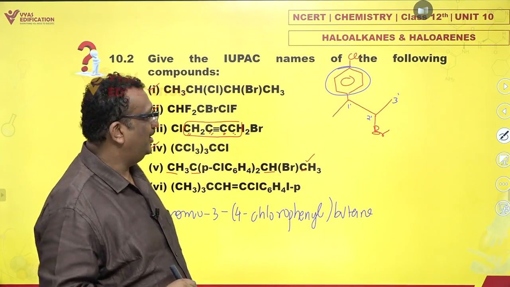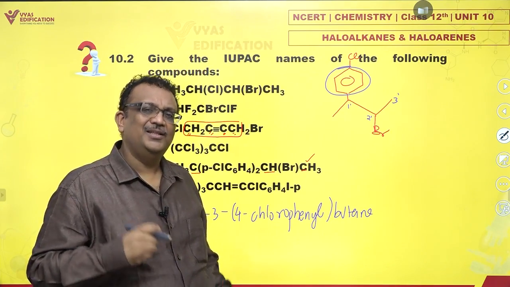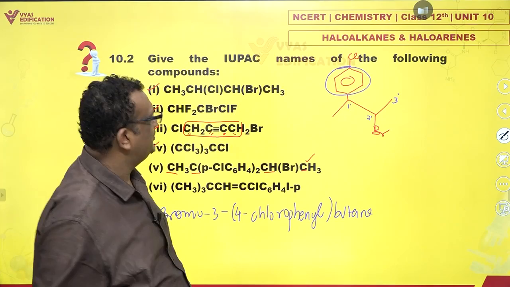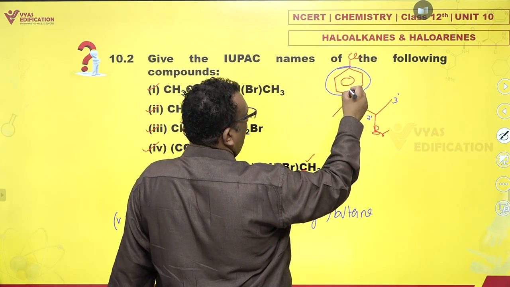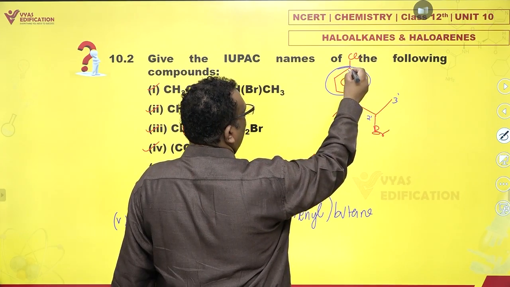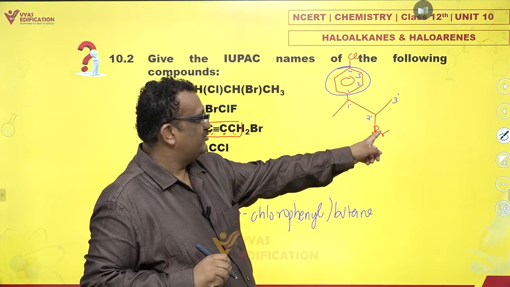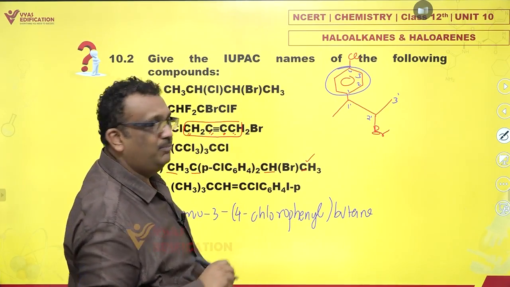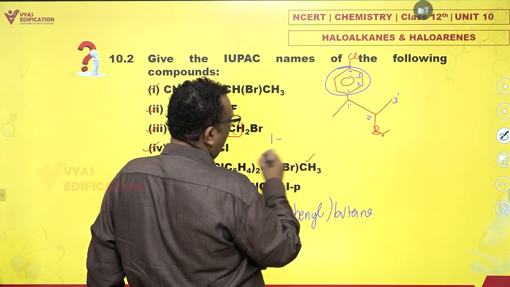A more complicated name. Just for the sake of practice, let us name it like this, and then we'll discover whether it's correct or not. So if benzene is the parent chain, 1, 2, 3, 4. This is the way we should number it. Why? This is chloro and this would be bromo. So bromo alphabetically comes first, so we have 1 on number 1.